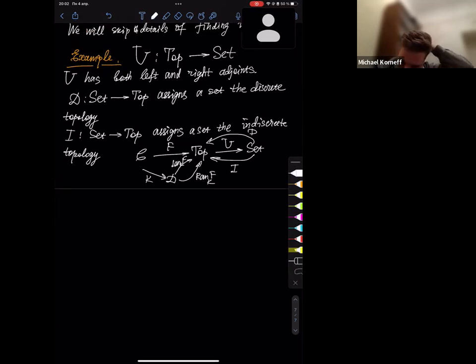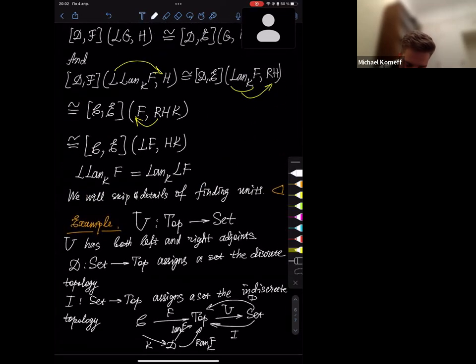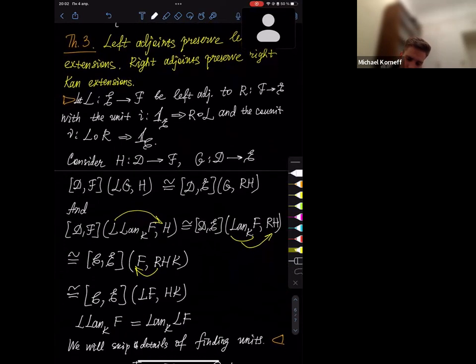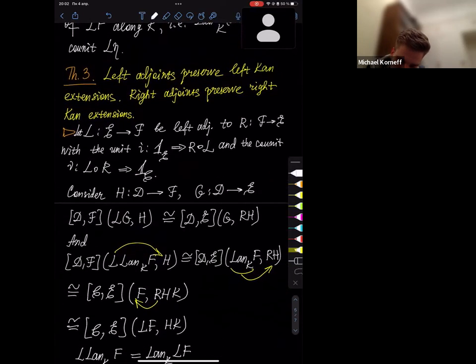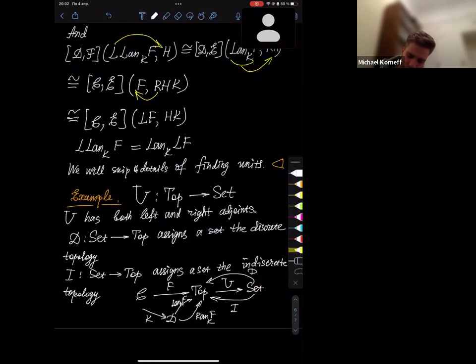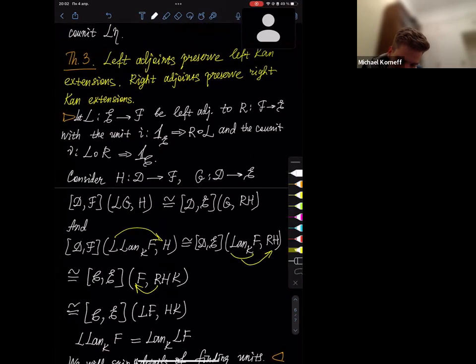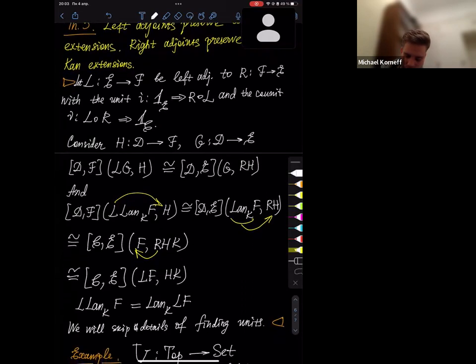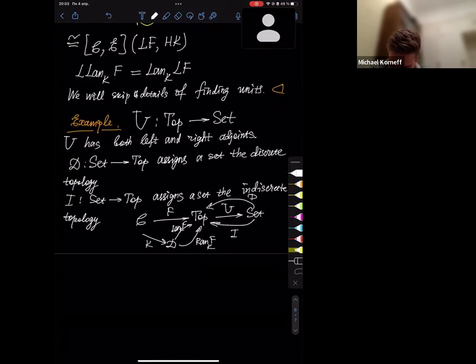Okay, and thus by this theorem we obtain that this functor preserves both left and right adjoints.